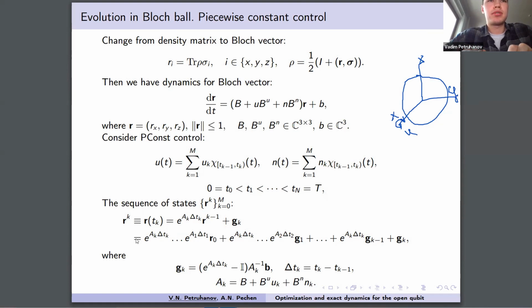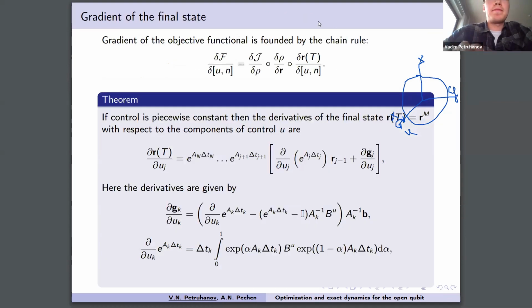This is just a sequence of matrix exponentials and also some additional terms. So we get a simple derivation. Then, to compute the gradient, we can use the chain rule.